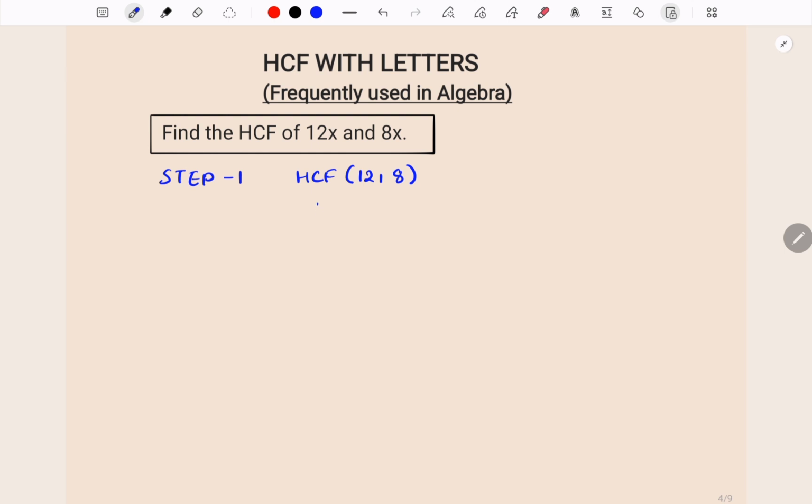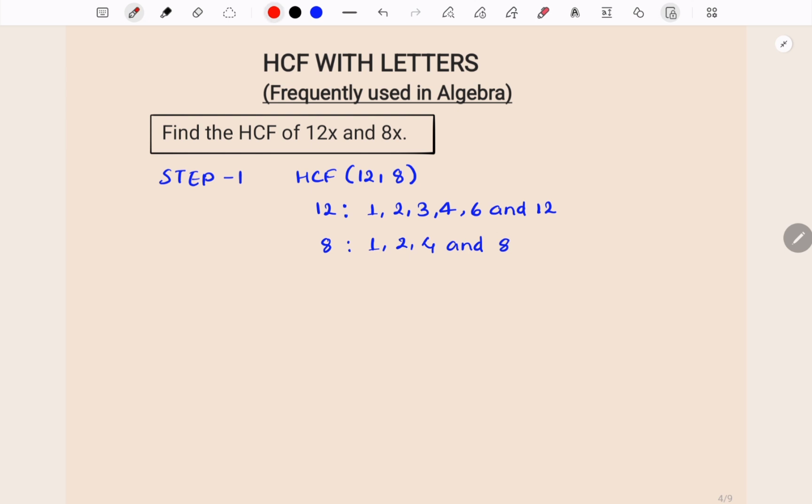So let's list down the factors of 12. The factors of 12 are 1, 2, 3, 4, 6, and 12. All right. And the factors of 8 are 1, 2, 4, and 8.